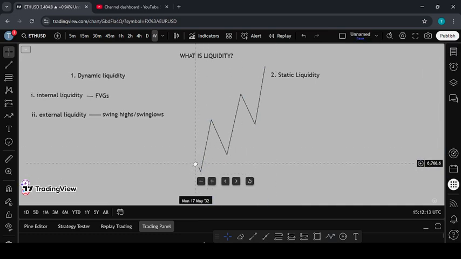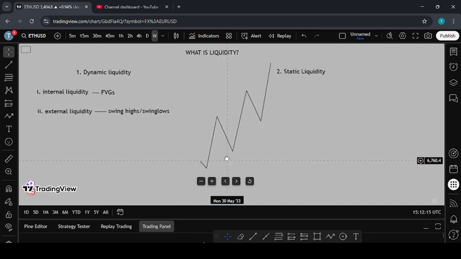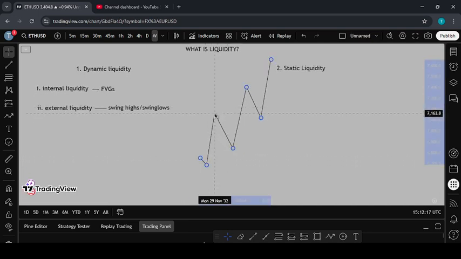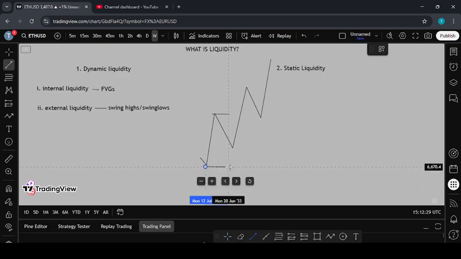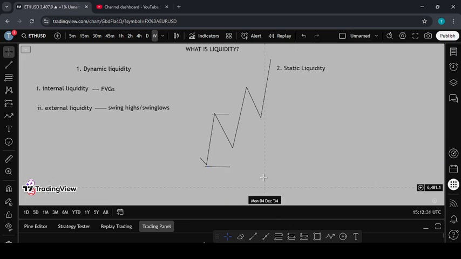The first ones are internal. For market to create a swing low to a swing high, this swing high is liquidity. An external range is called an external range liquidity. This means there's money found here, and at the bottom of this swing low, money is also here. Then market moves to create a movement from this swing low to another swing high.